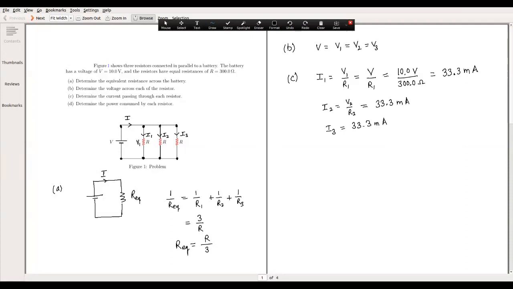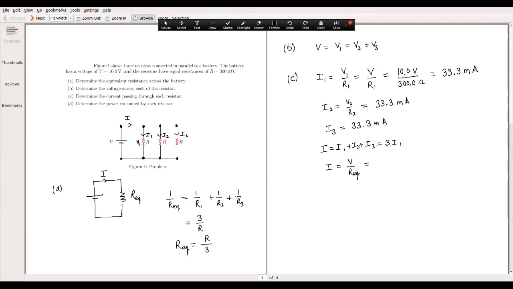We could have also calculated the same number using symmetry. Since I is equal to I1 plus I2 plus I3, and because they're all identical, that's the same as 3 times I1. Then we use the equivalent resistance to calculate I. So I is equal to the voltage across the equivalent resistor, which is the battery's voltage, divided by R equivalent.